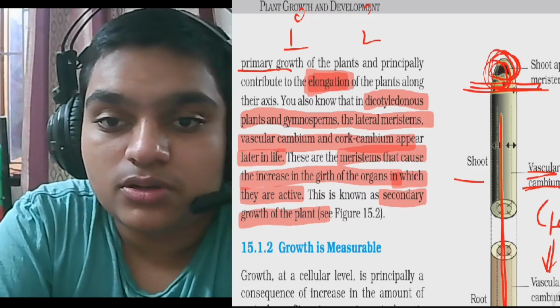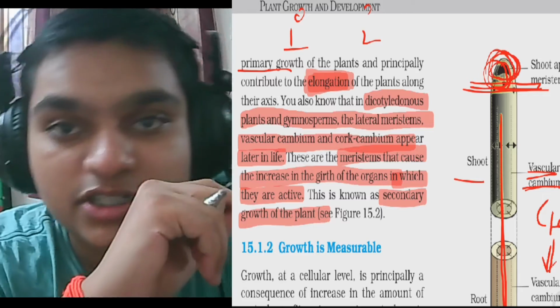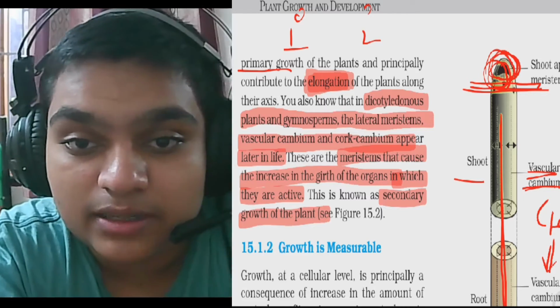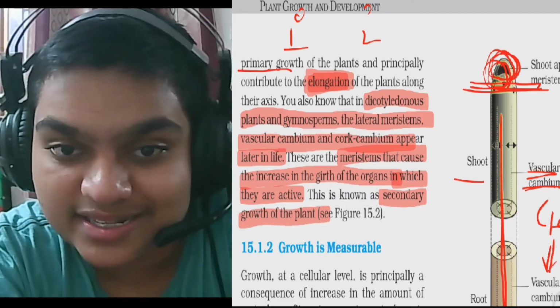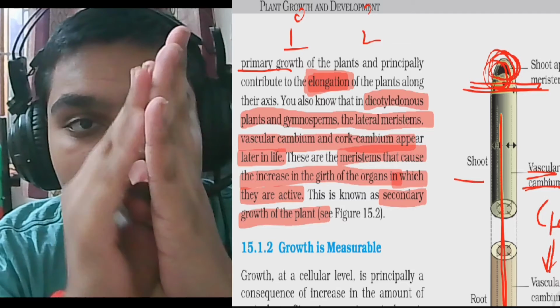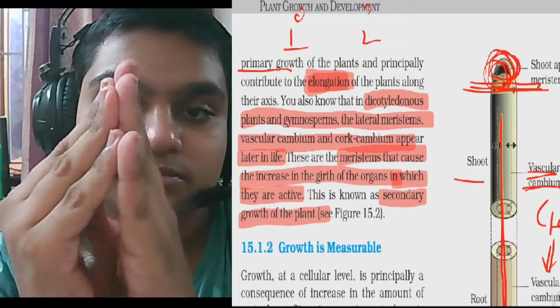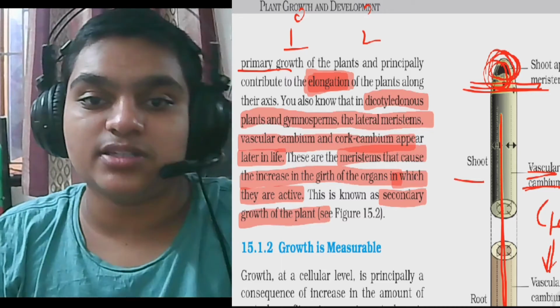But in dicotyledonous plants and gymnosperms, the lateral meristems develop later in their lifetime, and these lateral meristems are the vascular cambium and cork cambium, as I said.